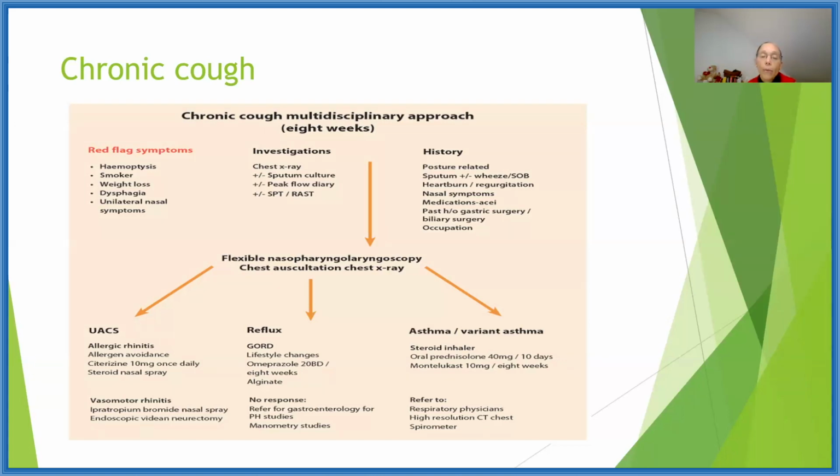And very often, we will offer a trial of medication. And this actually can also be a way to establish the diagnosis. If we're thinking about asthma, we will use different medication geared to treat their underlying airway disease.